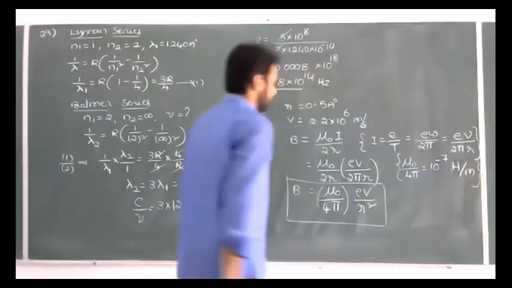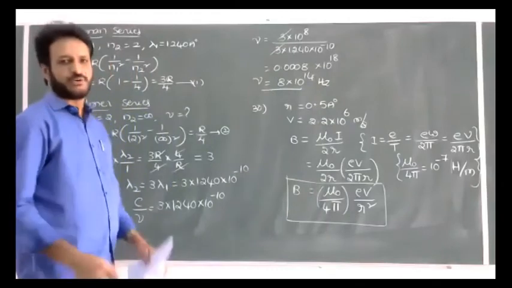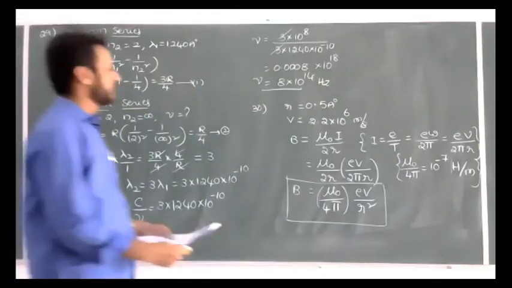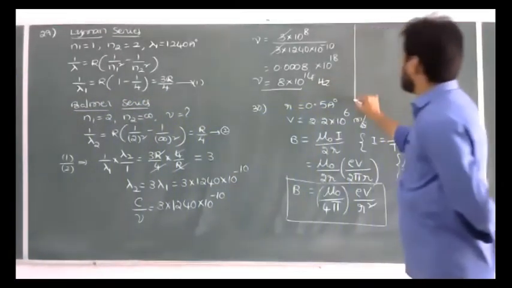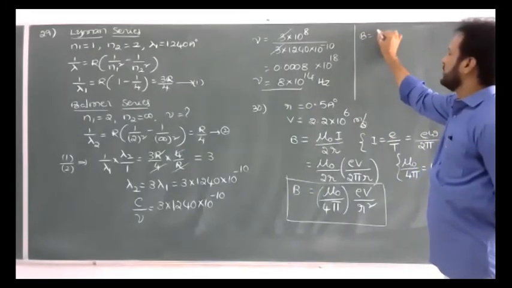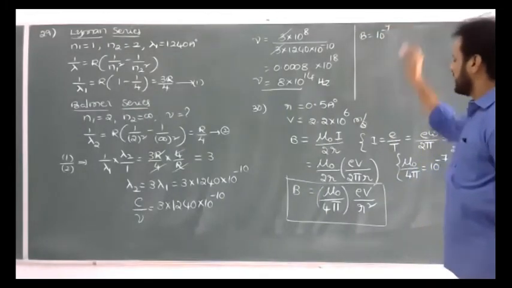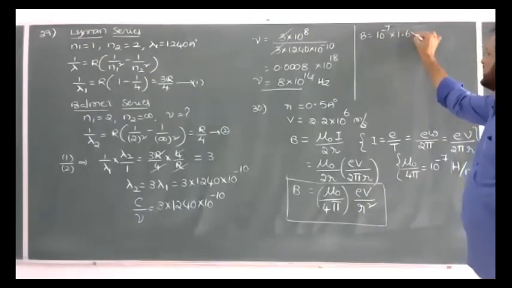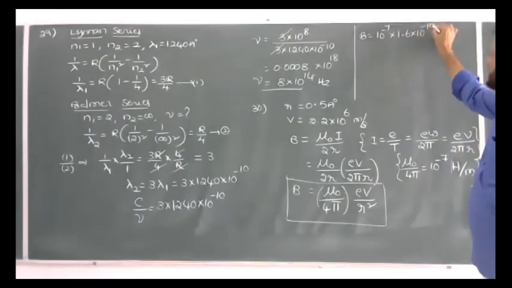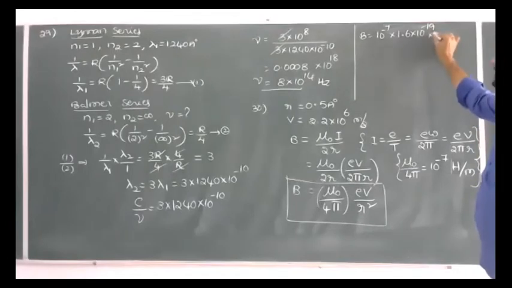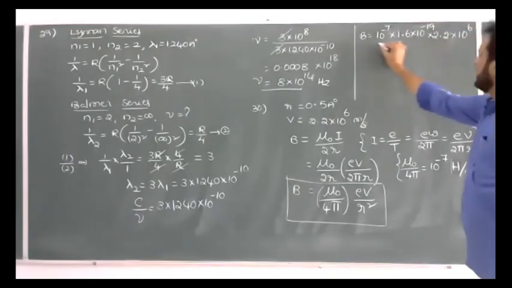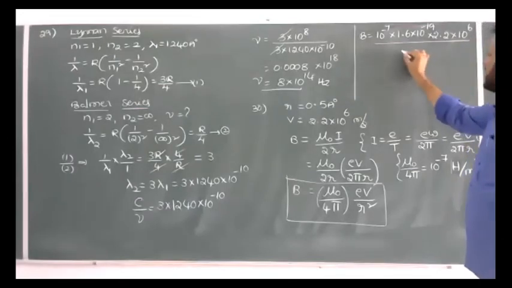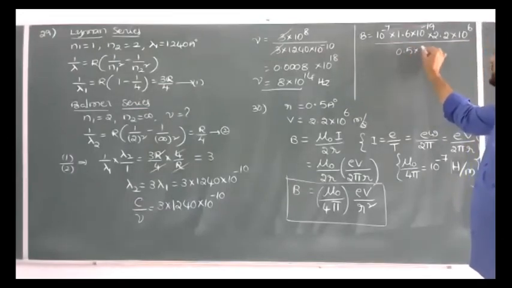Now substitute here. The charge of the electron we already know, 1.6 into 10 to the power of minus 19. B is equal to 10 to the power of minus 7 into 1.6 into 10 to the power of minus 19 into the speed of the electron 2.2 into 10 to the power of 6, divided by R, 0.5 into 10 to the power of minus 10, whole square.